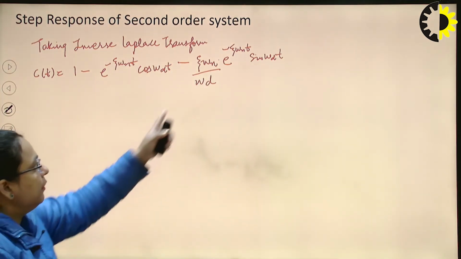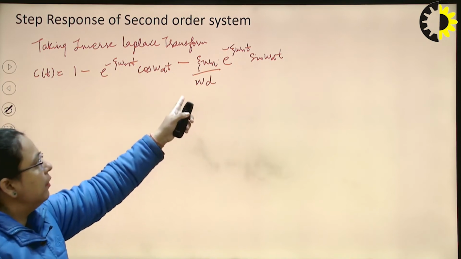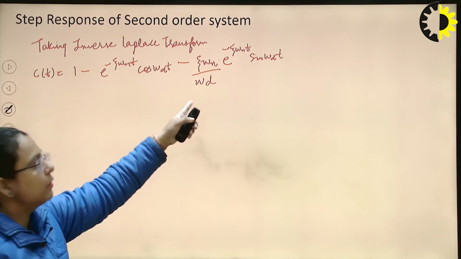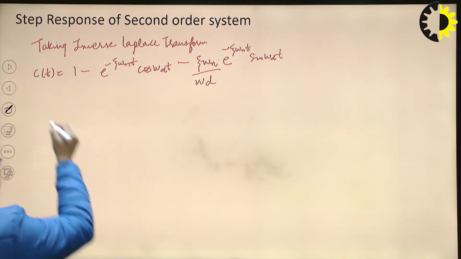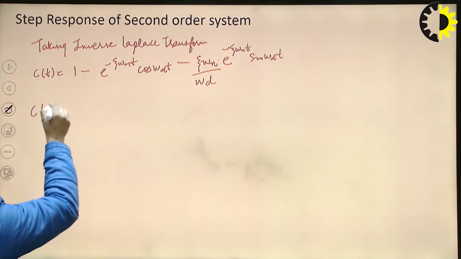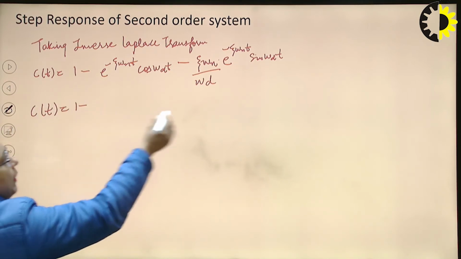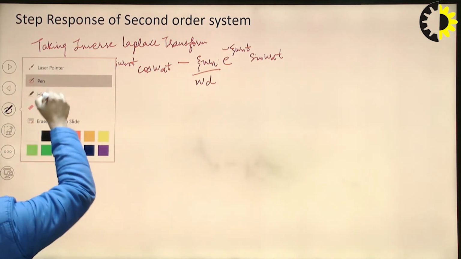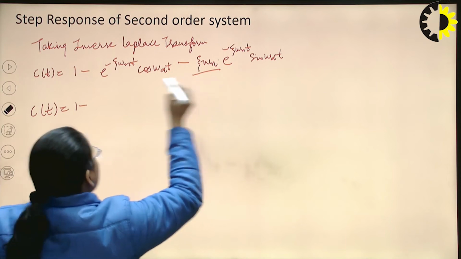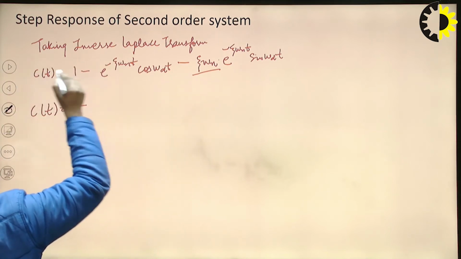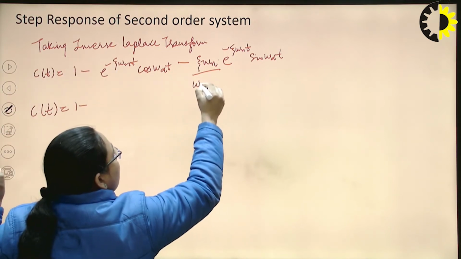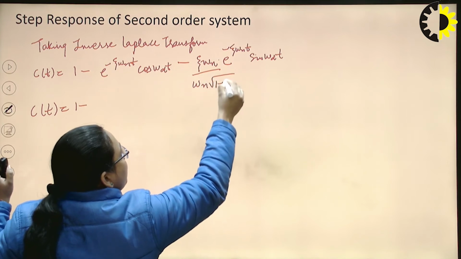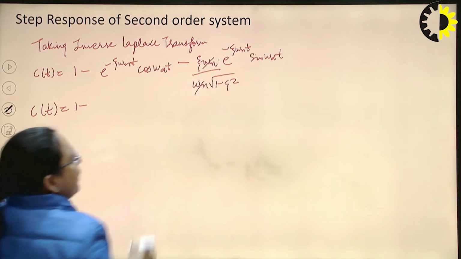Now putting omega d equals, again, omega n under root 1 minus zeta square, so that omega n will get cancelled out.